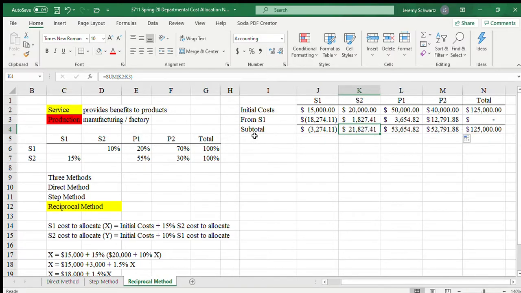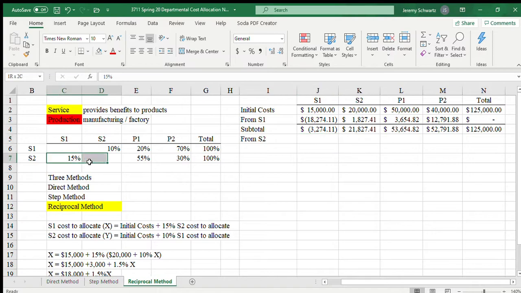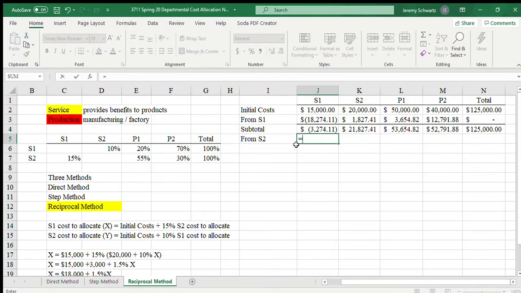So now in the second allocation, we're going to go from S2 to the other departments, following these percentages over here. Now we have the augmented amount of S2 to allocate provided in this cell right here. So if we are lucky or good, we'll have this 15% of this number, and then we're going to do F4 there, and we'll see that, voila, that matches this particular cell.